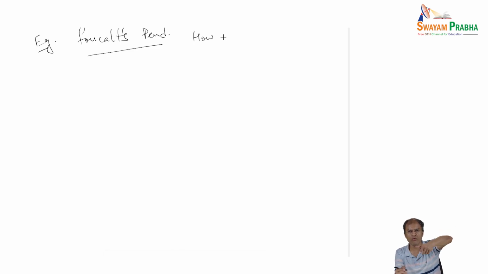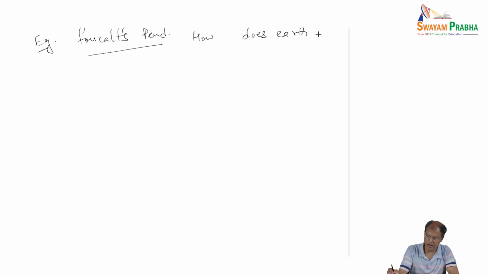So the actual motion of the pendulum, taking into account the Earth's motion, is a 3D motion. The question says, how does the Earth's rotation affect small oscillations of an ordinary pendulum?